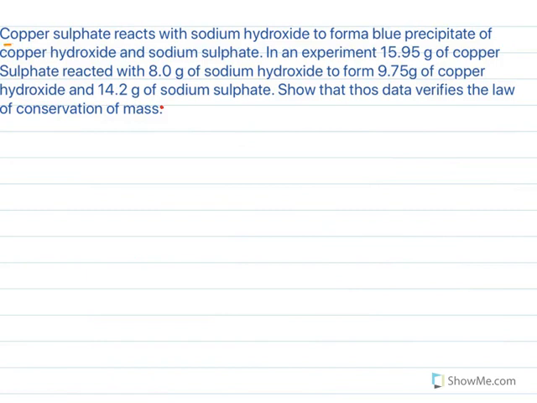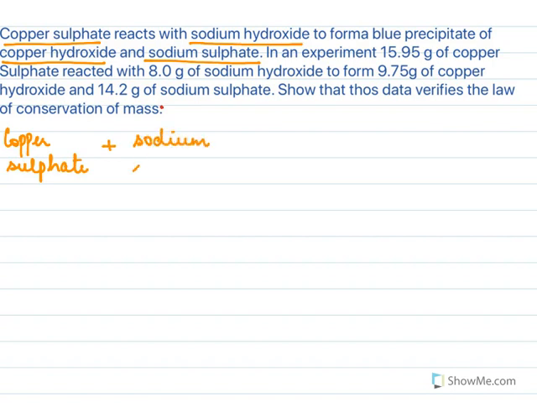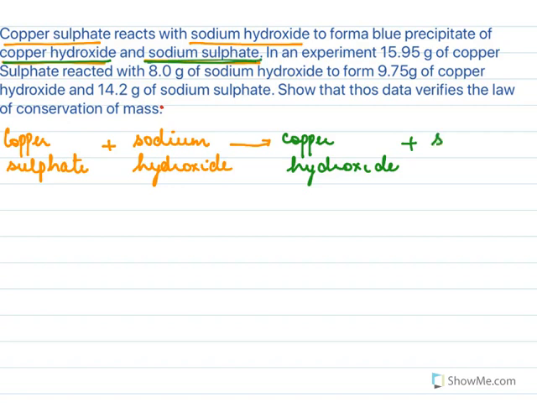Copper sulfate reacts with sodium hydroxide to form a blue precipitate of copper hydroxide and sodium sulfate. Let's write that. So we have copper sulfate. They said reacts with sodium hydroxide to give copper hydroxide, which is a precipitate, plus sodium sulfate.